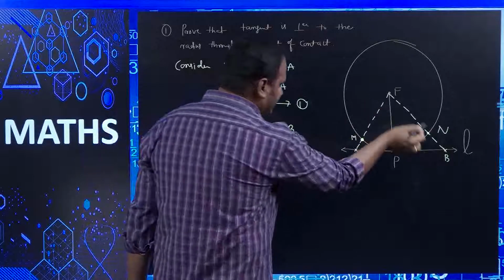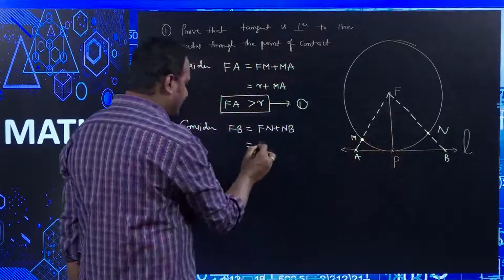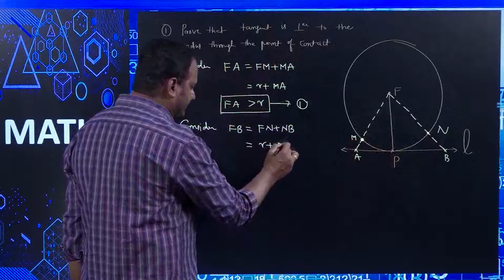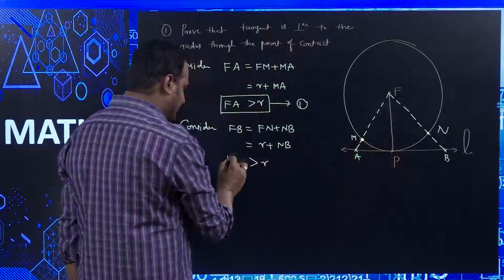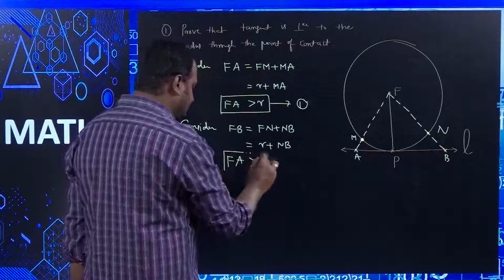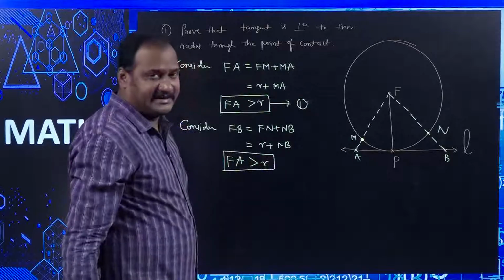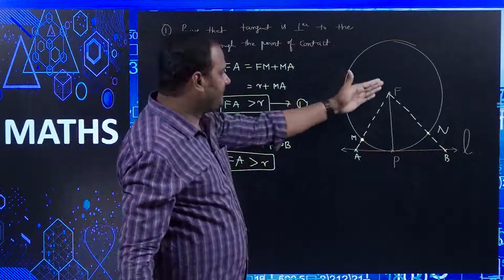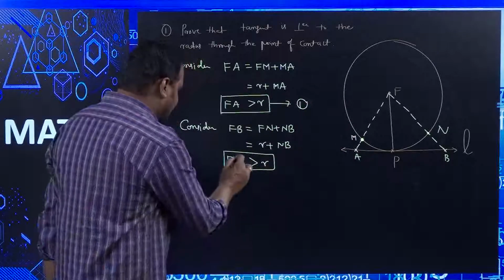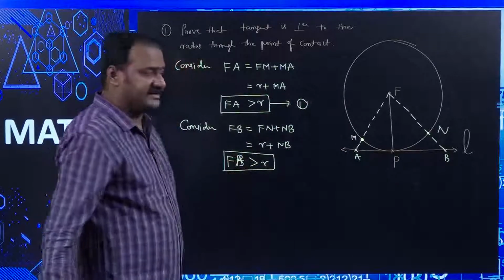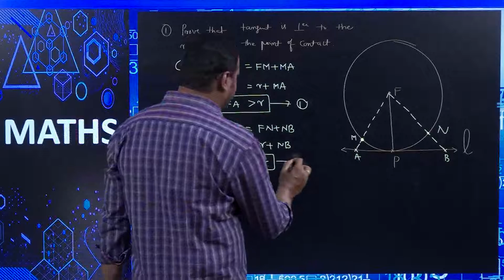But what is this FN here again? FN is going to be the radius. So radius plus NB, obviously radius plus something must be more than the radius. It means FB is also more than the radius. See here we got FA is more than the radius as well as FB is also more than the radius. So FA more than the radius, FB more than the radius, what does it mean?